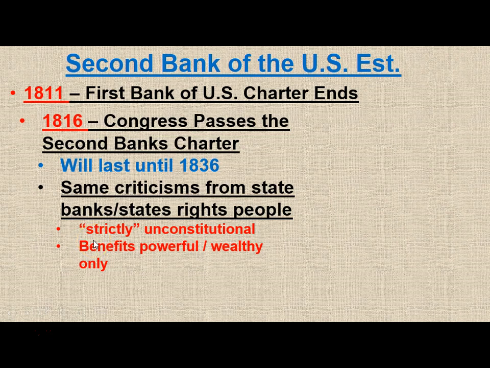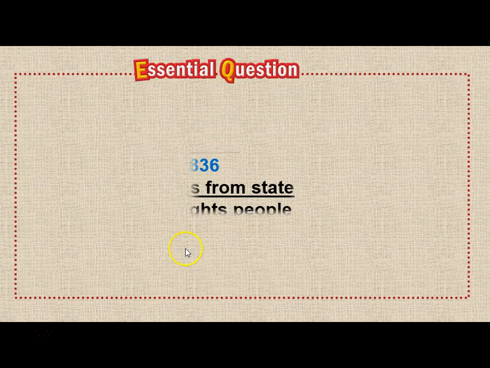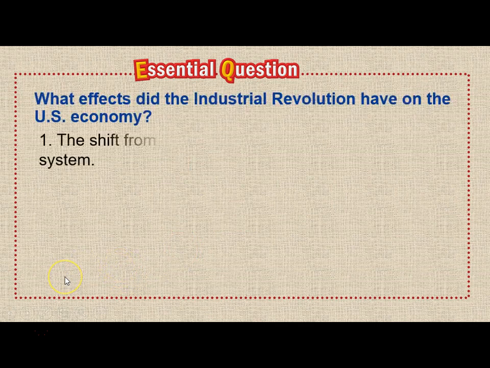The same criticisms were there as before about the constitutionality of it, and that it only benefits the wealthy and doesn't help the poor common people. But it does have the advantage for the Industrial Revolution that it is another source of big loans to big business and industry to help propel the U.S. economy forward and into an industrial type of society.